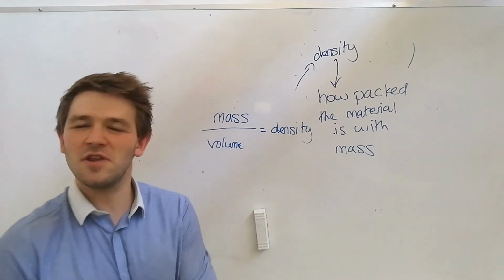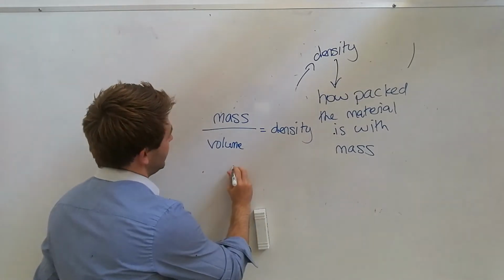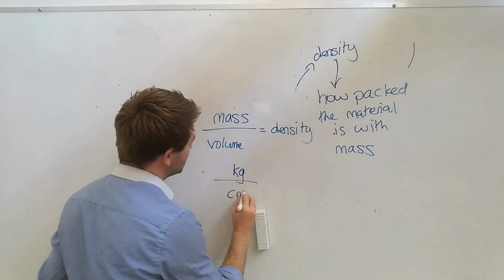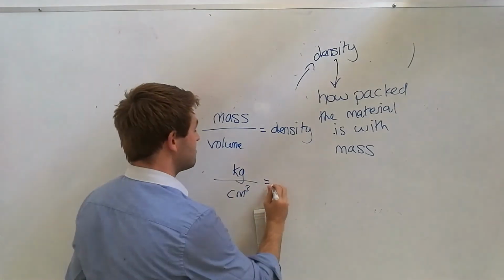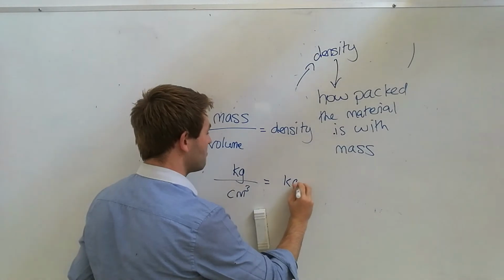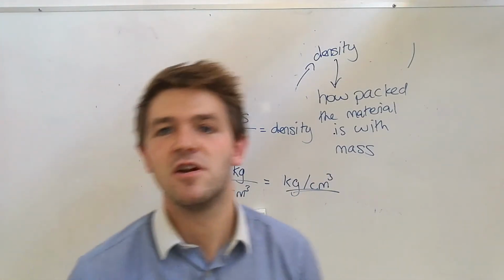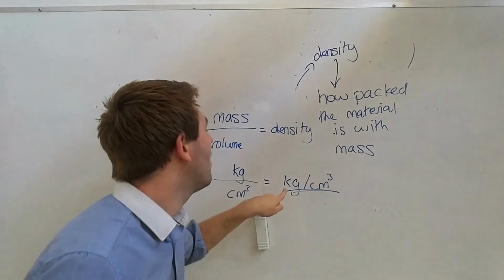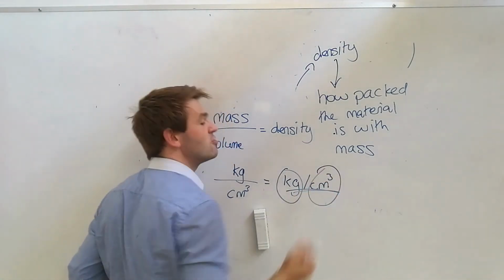Density has no funny scientist, no funny Newton or anything. The mass is in kilograms, and the volume could be centimeters cubed, it could be meters cubed, it could be whatever. Then density is kilograms divided by centimeters cubed. It does not change. We use whatever units we have, but that also makes it really easy to remember that it's density. It's how much mass is in how much space.